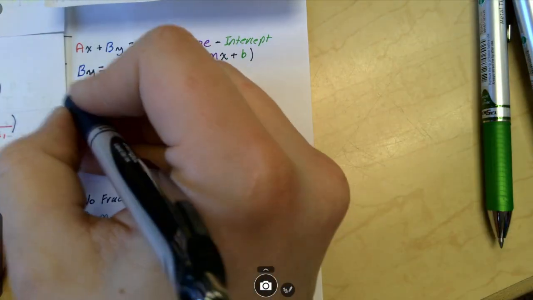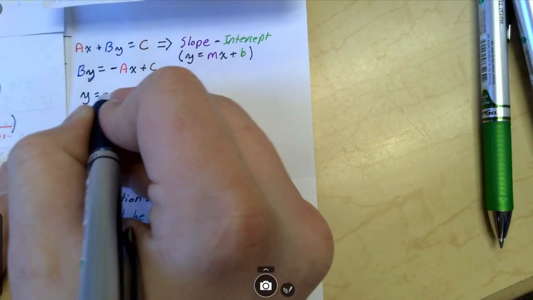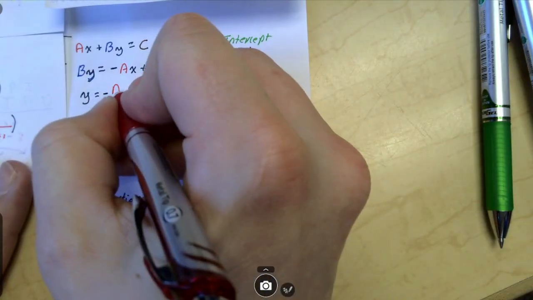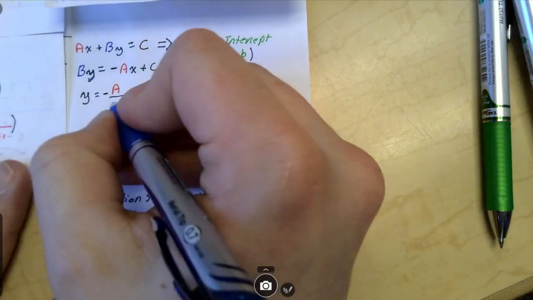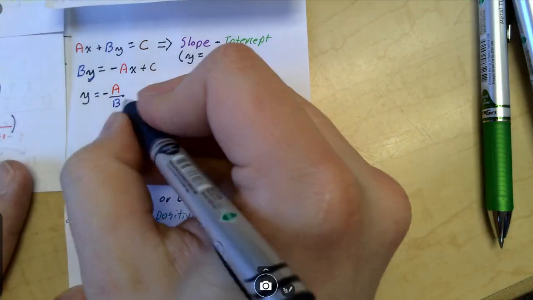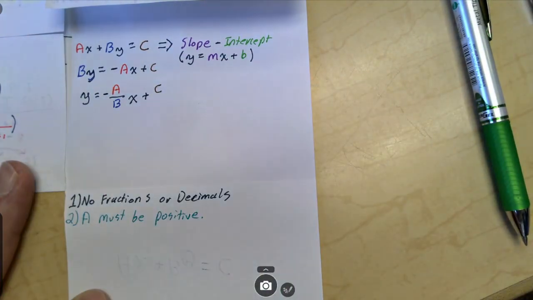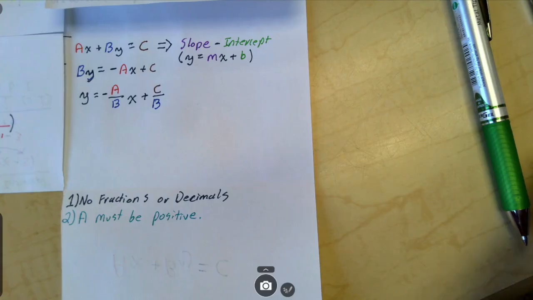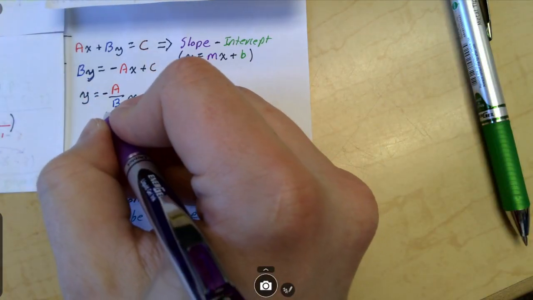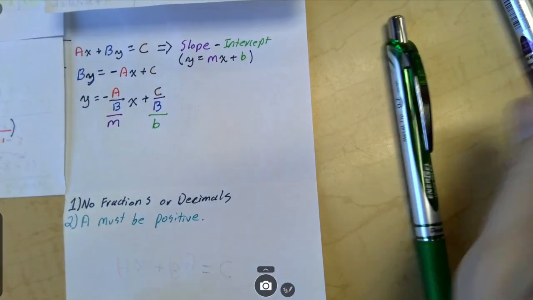Then if we divide everything by B, we get Y equals negative A over B X plus C over B. What this should tell us is that this part is our slope and this part is the y-intercept.